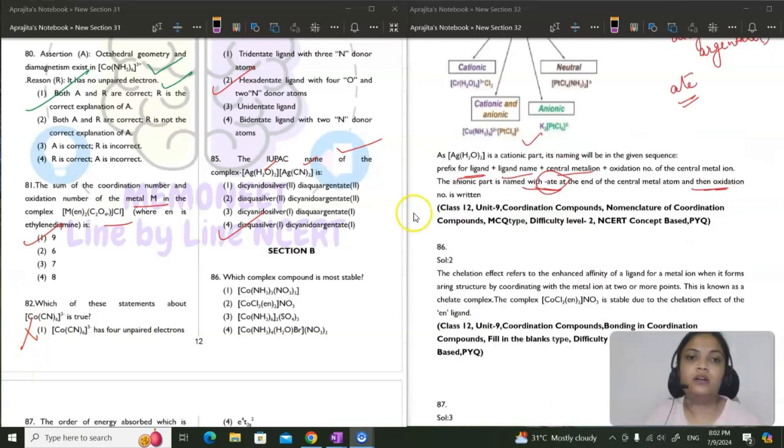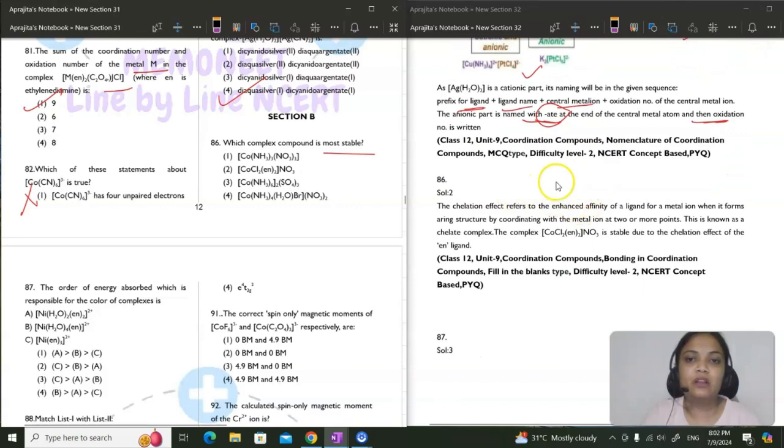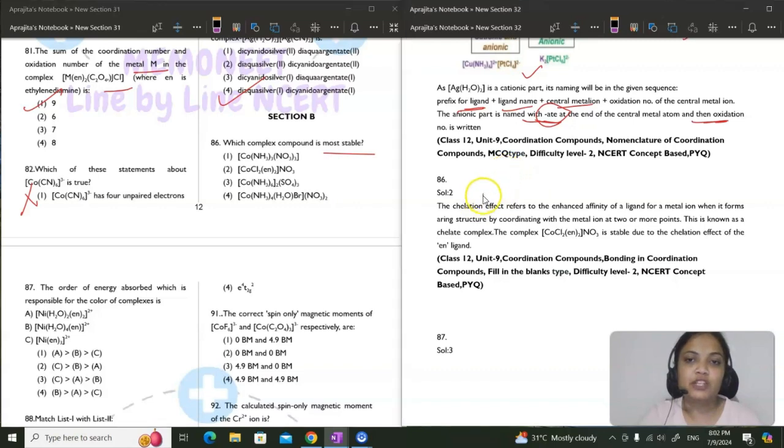All right. Moving on, students, question number 86. Which complex compound is most stable? Here we'll be applying the chelation effect. Chelation effect refers to the enhanced affinity of a ligand when it forms ring structures by coordinating with the metal ion at 2 or more points.